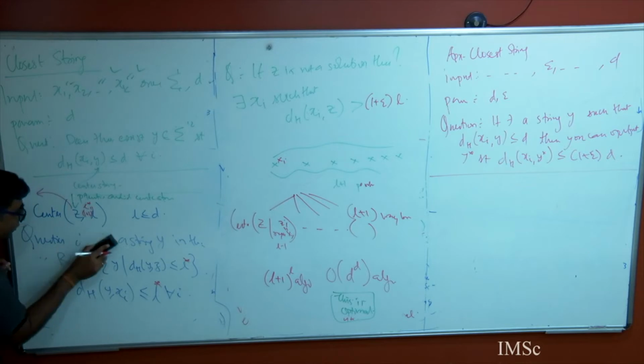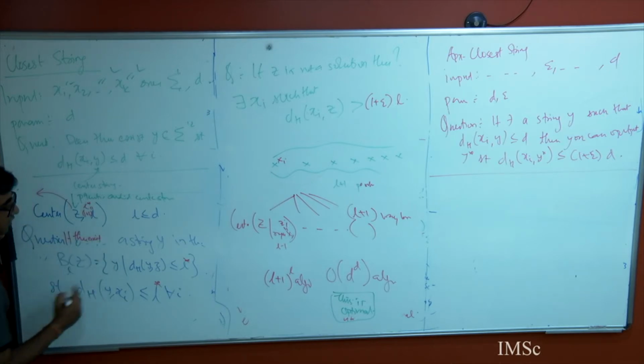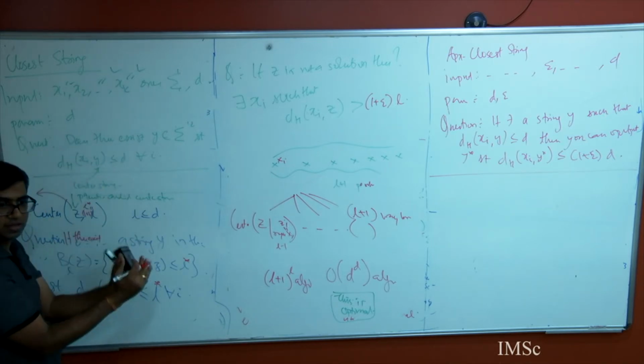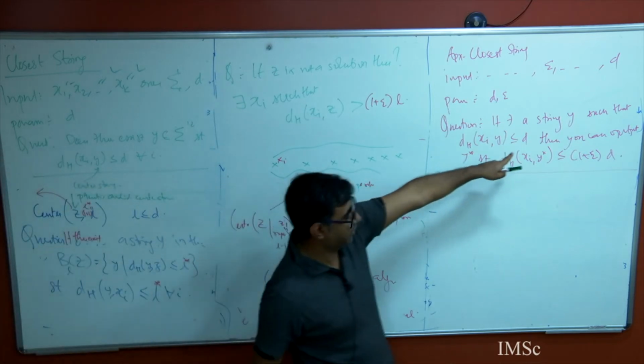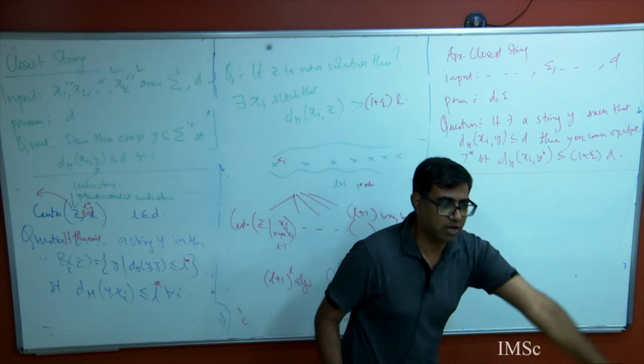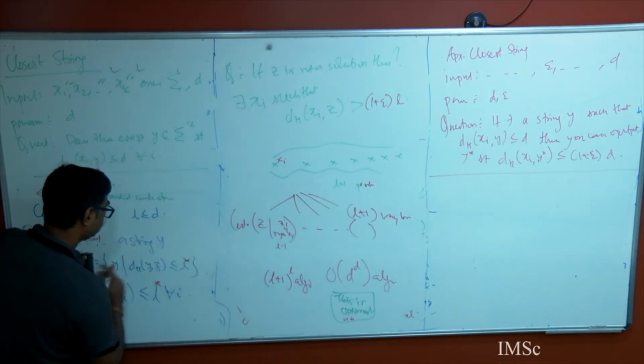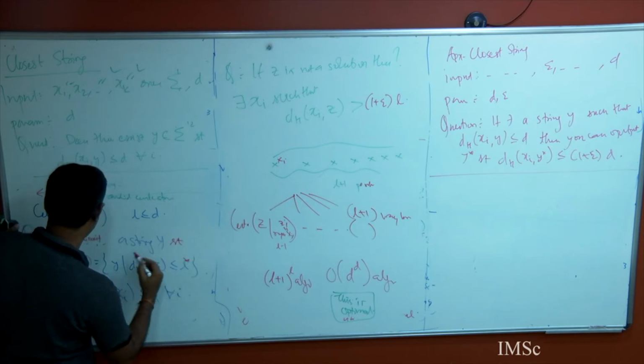Okay, I shouldn't say does there exist. If there exists a string y which is in the, look, I have to put in this framework, right? If there exists y such that the Hamming distance is at most L, then you can produce this, okay?